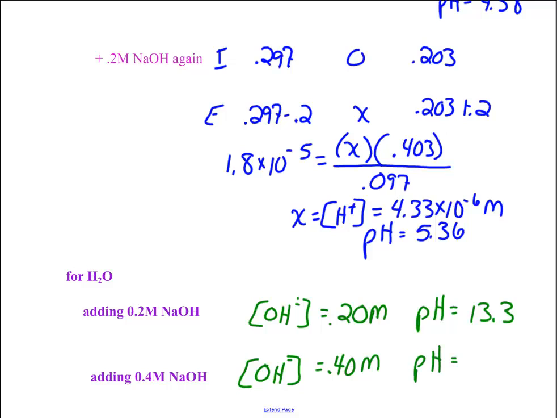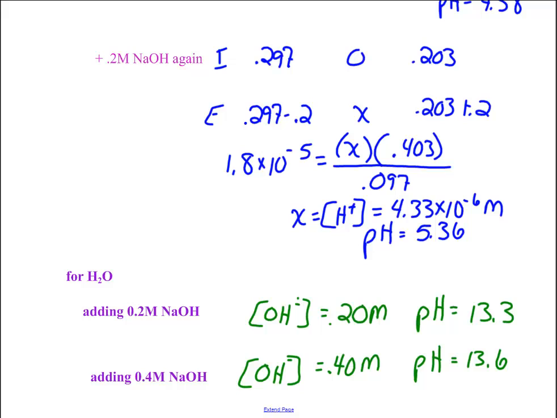I get a pH of 13.6. So in both cases, going from water to adding base, I get a huge pH change from 7 to 13. So a pH jump of 6 pH points as opposed to 2 or less than 1. So again, buffers significantly decrease the change in pH when I'm adding them to a solution.